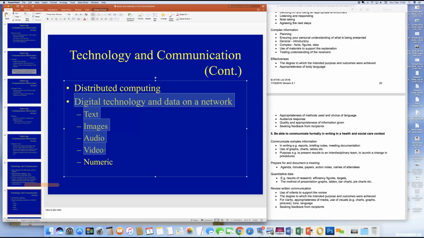That is the differentiation between technology and digital technology. Digital technology enables various forms of messaging, including text, images, audio and video, even numbers to a certain extent, all used simultaneously while you are talking to somebody on the phone.